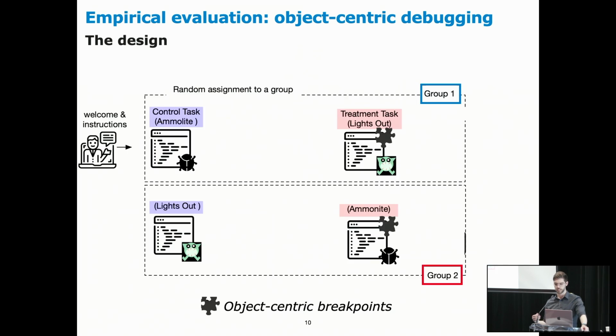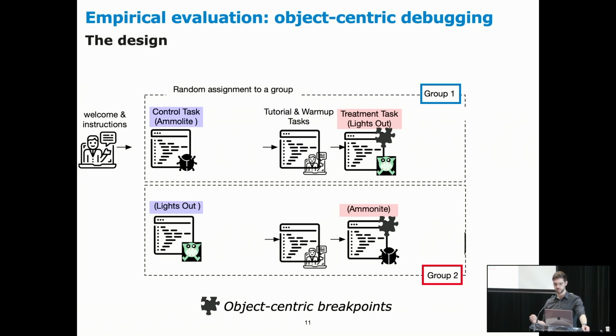A bit more about the design. We divided our participants into 2 groups. The first group was debugging Emolite in control, so with the standard tools, and Lights Out in treatment with the object-centric breakpoints. The second group was doing the opposite, so they had to debug Lights Out with the standard tools and Emolite in treatment with the object-centric breakpoints.